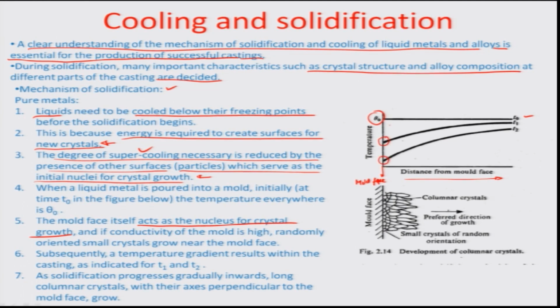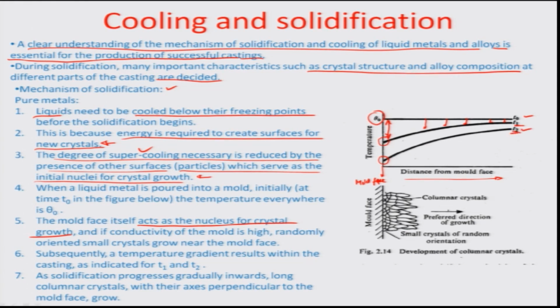The fall in temperature would be most at the phase, and then slowly, if you look at how the temperature falls within the mold away from the mold phase, the temperature difference is lower as you go away from the mold phase. Obviously the temperature difference is more with time.